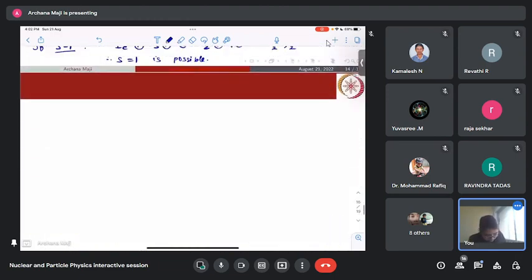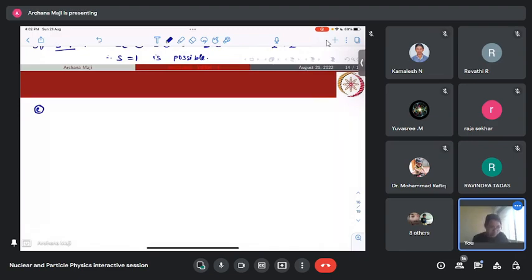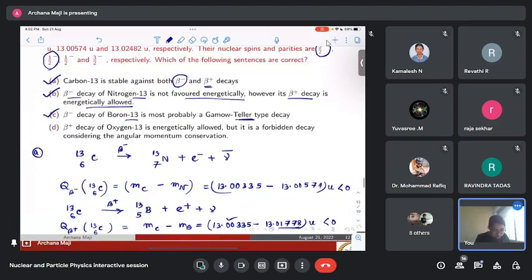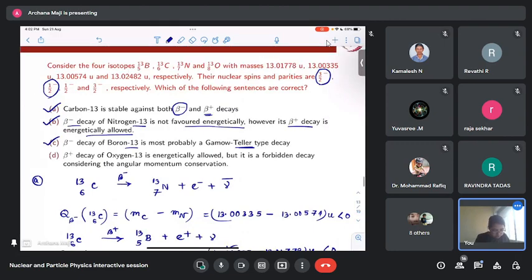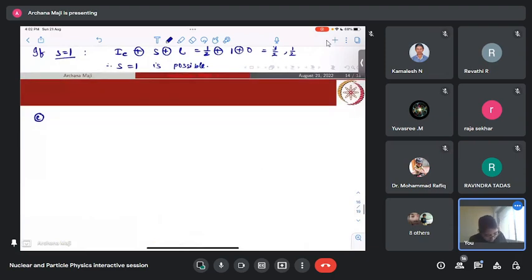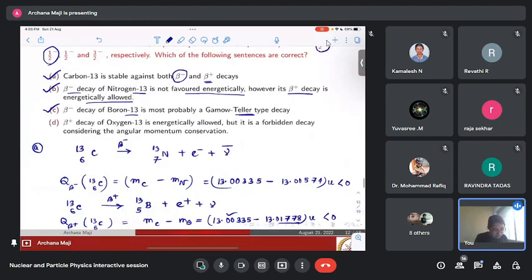Beta plus decay of oxygen 13, so that will become nitrogen plus positron plus neutrino. The first statement was that it is energetically allowed.